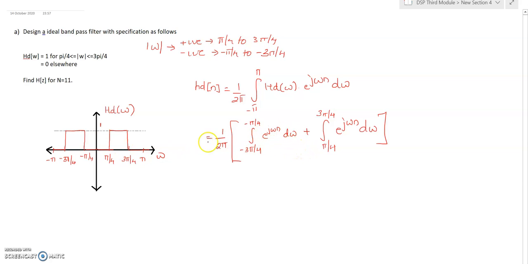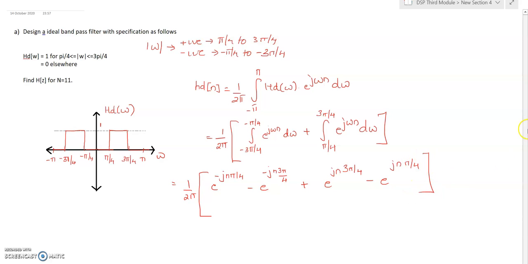So the equation turns into 1 by 2 pi times e raised to minus j n pi by 4 minus e raised to minus j n 3 pi by 4 plus e raised to j n 3 pi by 4 minus e raised to j n pi by 4.